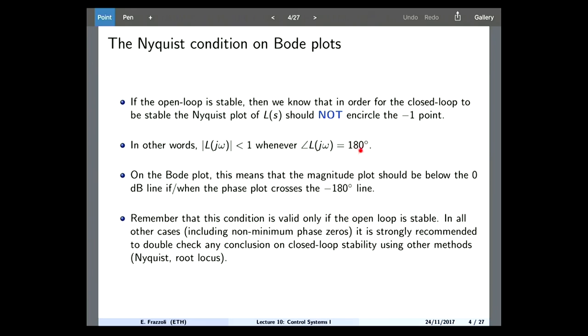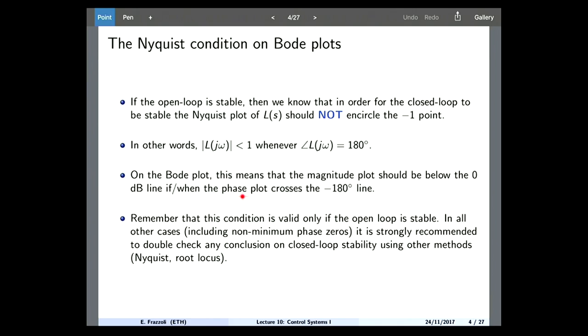This is a sufficient condition. It's not necessary, but let's stick to the sufficient condition. So on the Bode plot, this means the magnitude plot should drop below the 0 dB line. 0 dB corresponds to a gain of 1, a magnitude of 1.